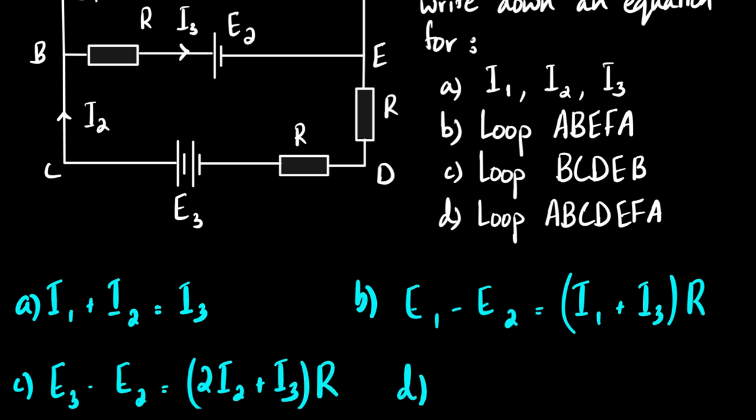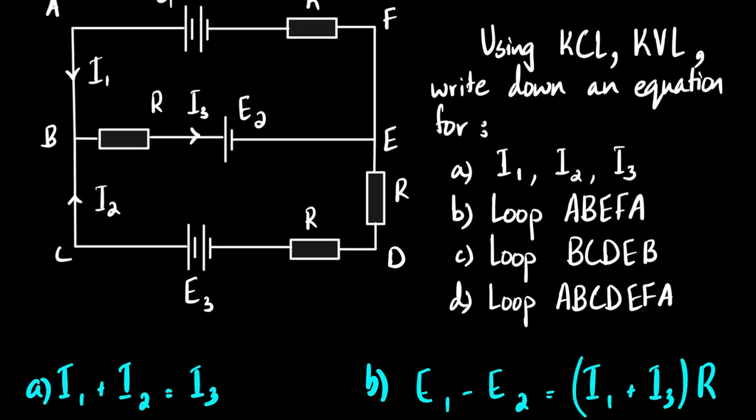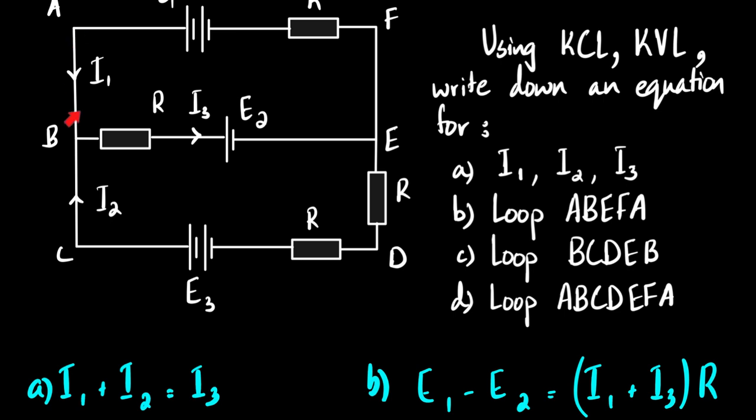What about part D? So loop A, B, C, D, E, F, A. Now in this case I can see that the directions of I1 and I2 are clashing. For no particular reason, let's take I1 as my reference.